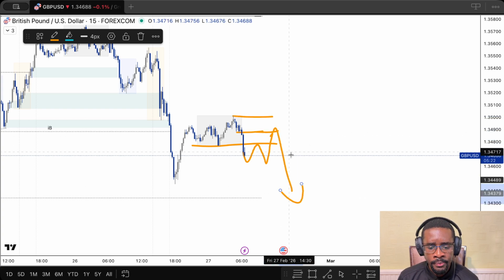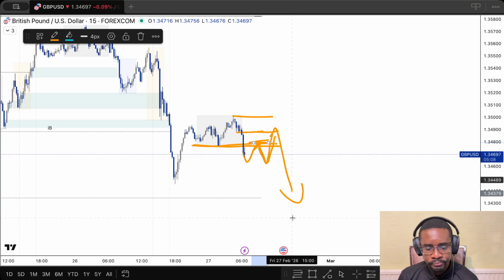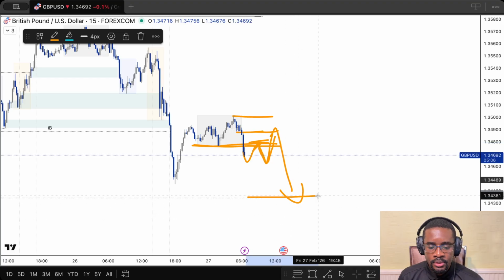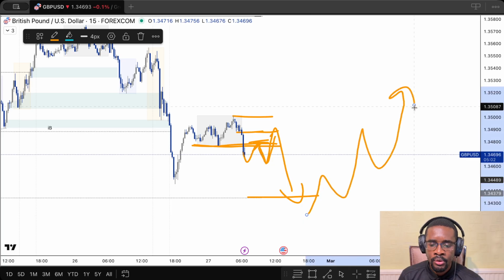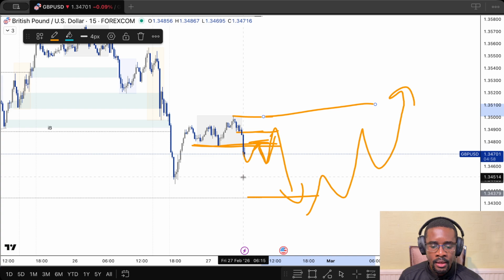That may be a scenario I might be looking for shorts: for price to break this area, do another test, come back, sweep this area and then continue all the way down. Once it sweeps these areas, I may then be looking for longs back up, maybe towards Asia high. So those are my ideas for today, for both the euro and the pound.